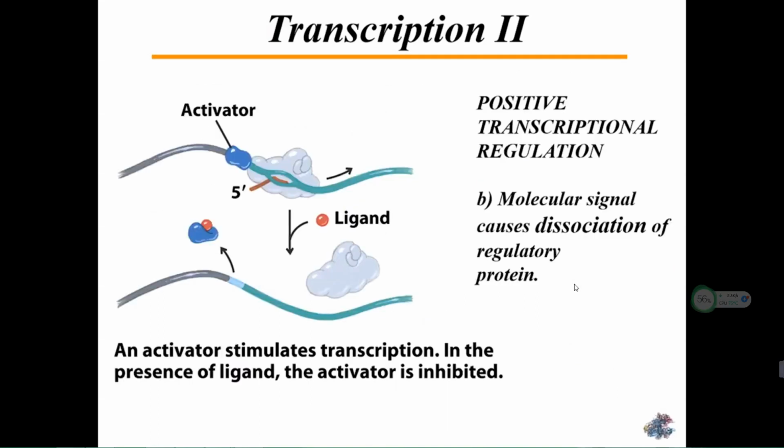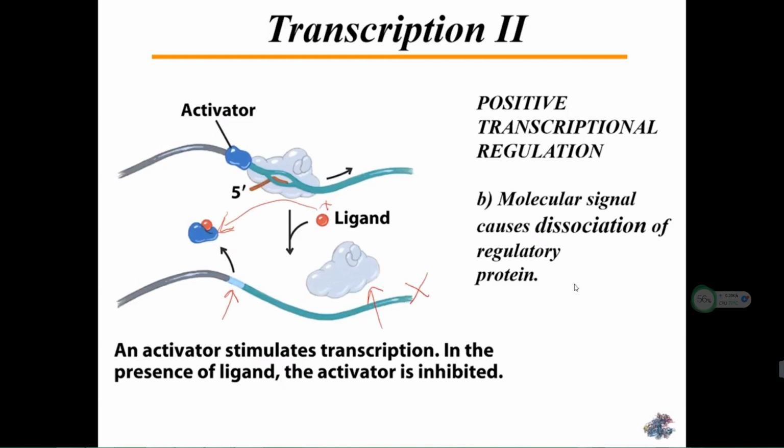Okay, and likewise, we can have the activator, in the absence of a ligand, facilitate RNA polymerase transcription. However, when the ligand does appear, so if we add in some ligand, this will negatively influence the activator, cause its dissociation from the promoter region, and cause the RNA polymerase to stop transcribing.